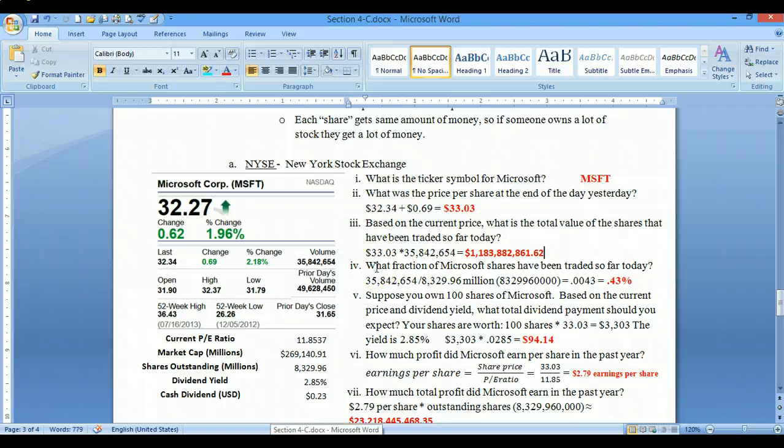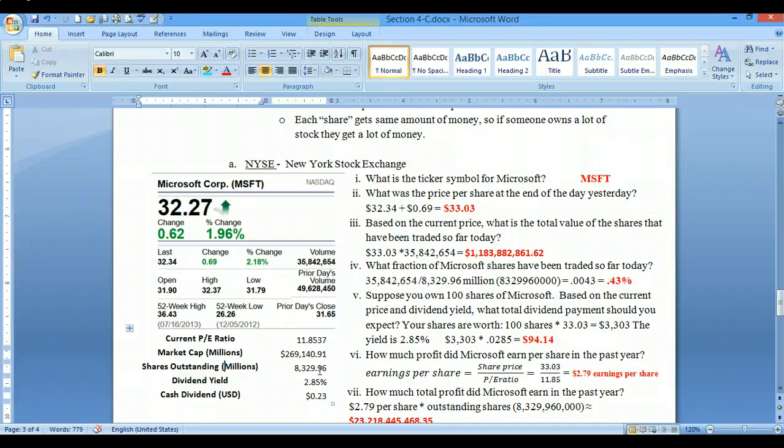All right, the next question is, what fraction of Microsoft shares have been traded so far today? So we take the volume, 35,842,654, divided by, down here, the outstanding shares. And notice this is in millions. So I need to change this from 8,329 by moving the decimal over.